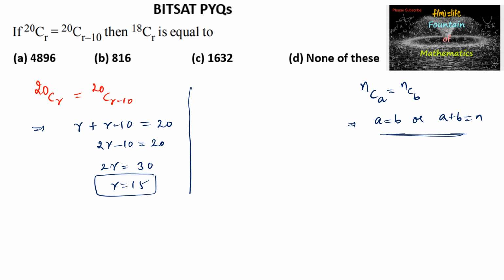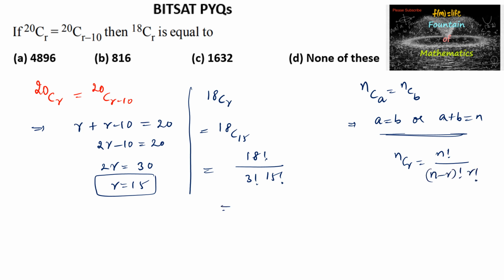So we need to find 18CR, that is 18C15. We can write 18 factorial by 18 minus 15, which is 3 factorial, into 15 factorial, because the nCr formula is n factorial divided by n minus r factorial into r factorial. So 18 factorial we can write as 18 into 17 into 16 into 15 factorial, divided by 15 factorial here, and 3 factorial we can write as 3 into 2 into 1.